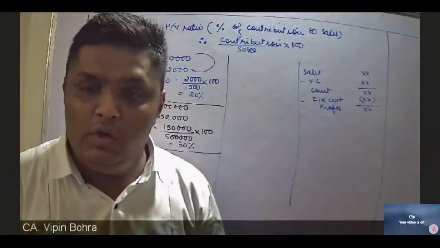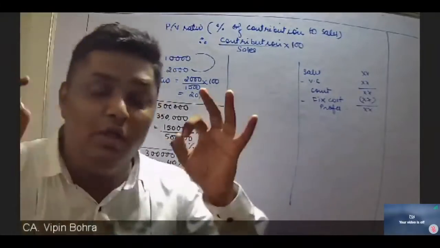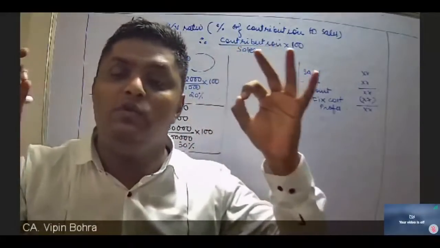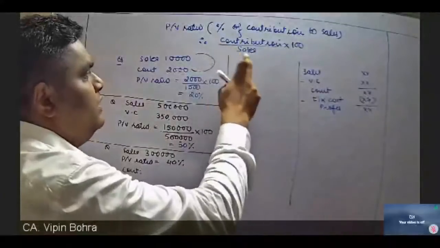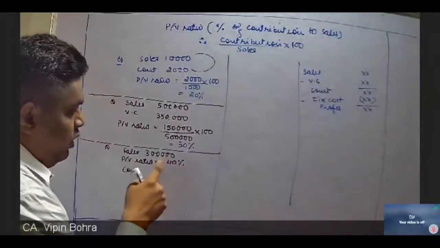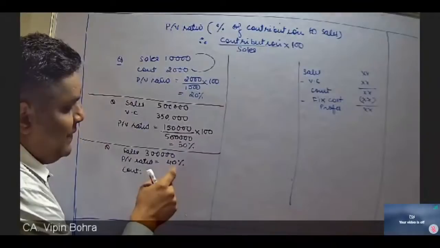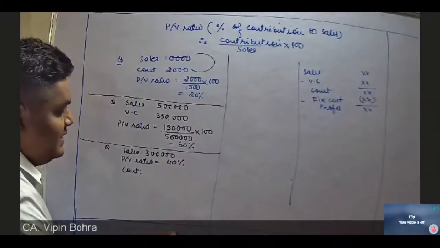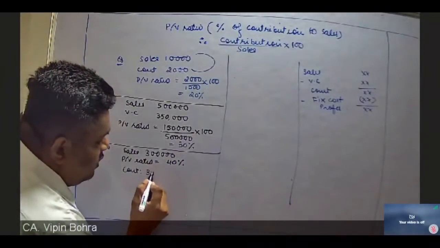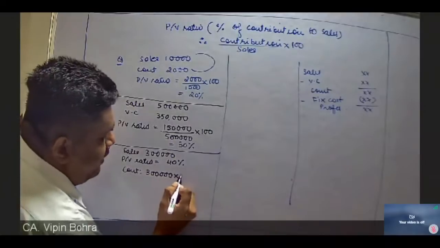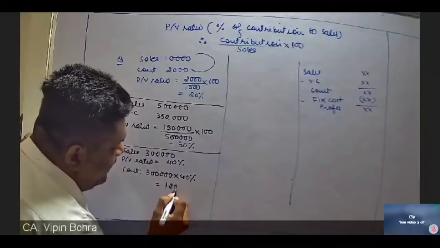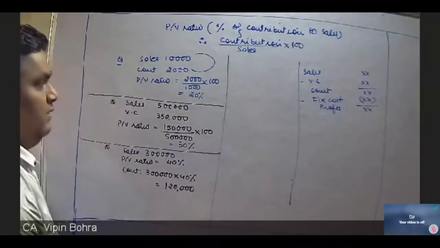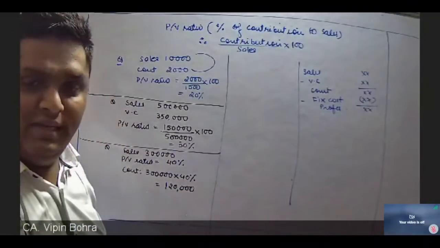I told you what is PV ratio? The percentage of contribution to sales. That is how much percentage my contribution is to sales. So now my contribution is 40% of sales, and my sales is 3 lakh. Therefore, 1,20,000. I hope this part is clear.